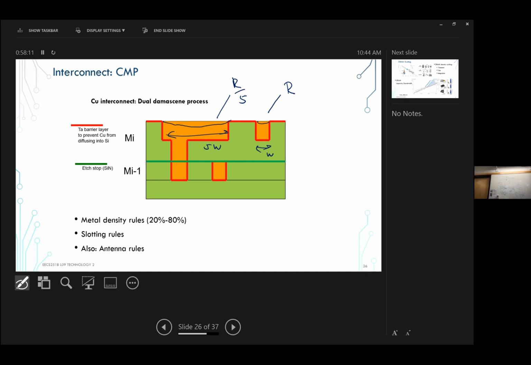So metal density in a particular region was supposed to be between 20% and 80%. Now they're much tighter. In some cases they allow only variation between 40 and 60%. Very frustrating when you're trying to get your chip out, especially with an analog chip that does not like to have too much metal in your critical regions.